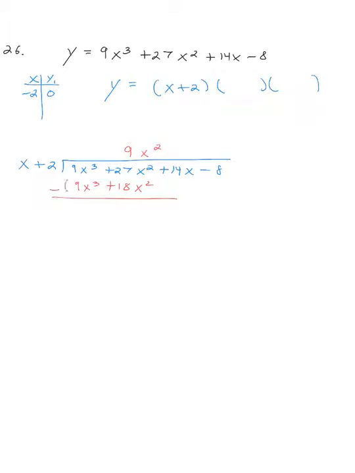And when I take the difference of those two things, I get 9x squared plus 14x. So now we'll multiply by 9x to give me 9x squared plus 18x. When I take the difference, I get negative 4x minus 8.